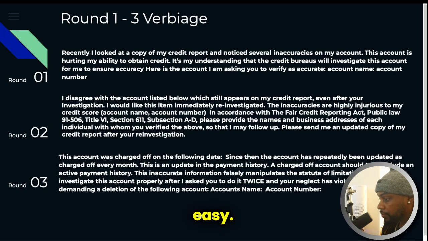It's very easy. So the example I'm going to use is the repeated charge off one, because 2 of the accounts had that. I know for sure that's one of the reasons that we used. But if you want more examples, I've started doing charge off videos at least once every week, where I go through different types of examples, like date of activity, date of last payment, status update, double jeopardy.